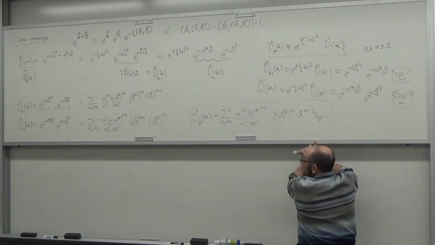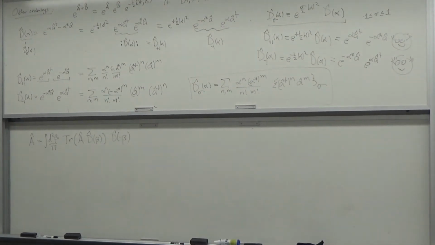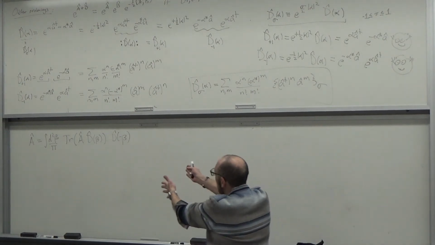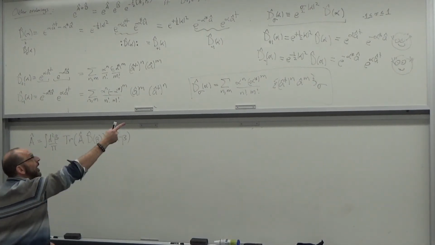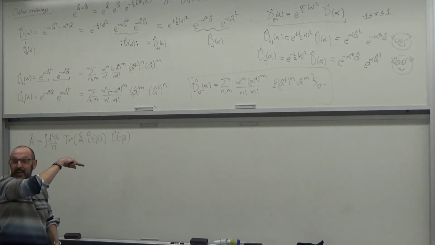So anybody have a suggestion of how we're going to get there? Plug it in. So, sort of. I mean, what are we going to plug in? I mean, this is an equality, so what do we plug in? Well, you can solve for d and put it on the other side, right?